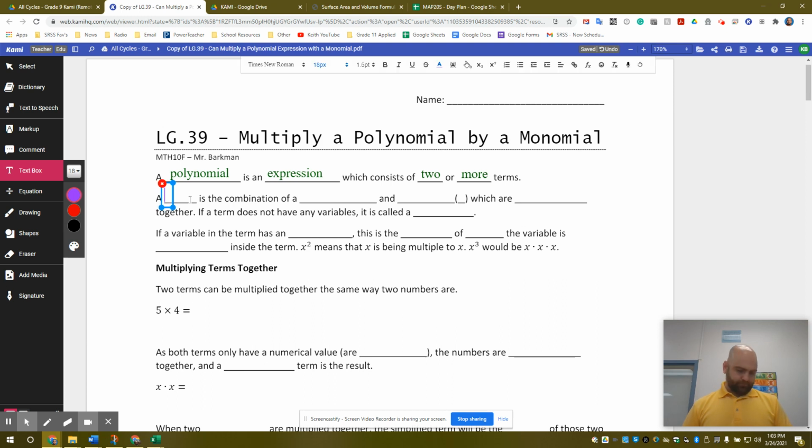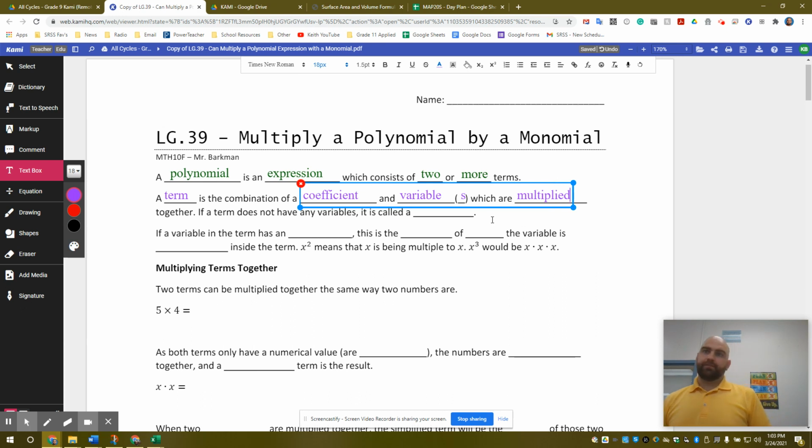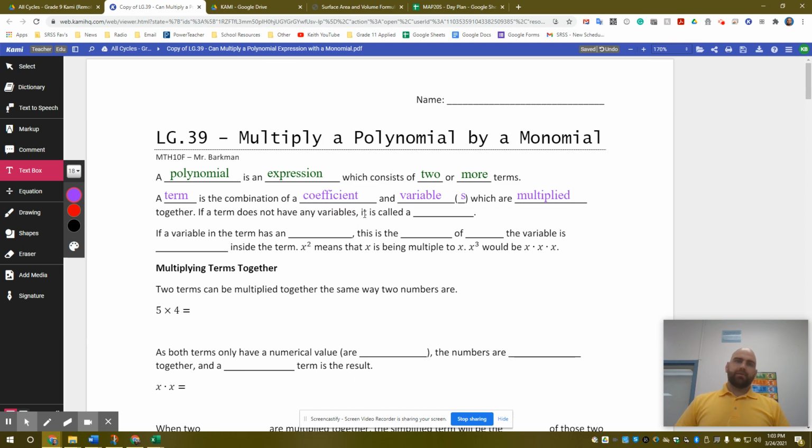A term is a combination of a coefficient, which is just a number, usually an integer, and variables, which are multiplied together. So we have a number and a variable or variables which are multiplied together.